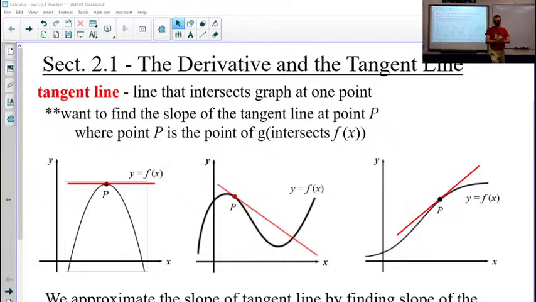All right. We talked on Monday about this idea of getting the slope of a curve at a particular point. And we do that by getting the slope of what's called the tangent line. The tangent line crosses through at a specific point.